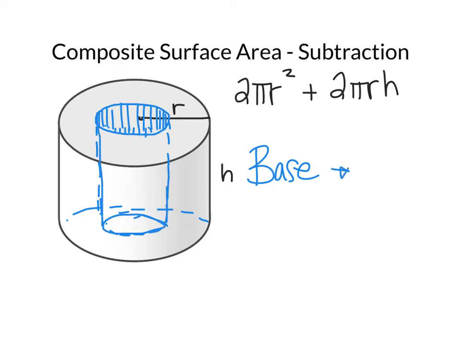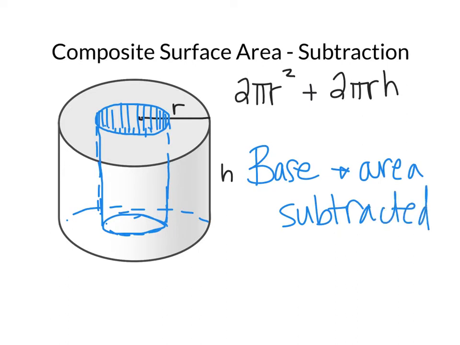So for the base, we have some area that has been subtracted. We are missing area from the bases, so we have to take whatever this thing's radius was and subtract that area from this one.